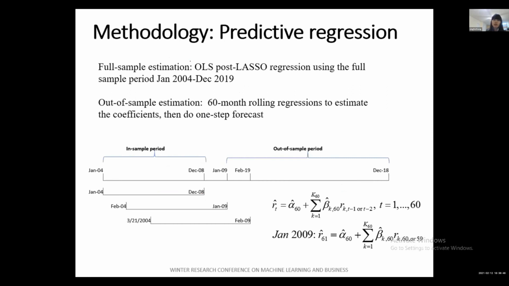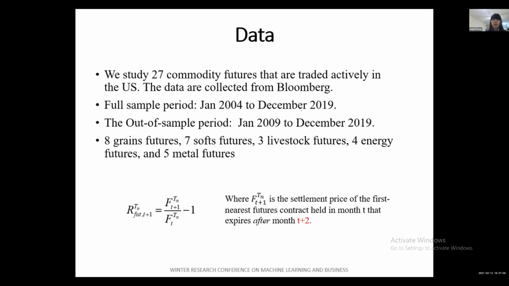In the full sample, there's simply one OLS post-lasso regression using the whole sample period. As for out-of-sample estimation, it is a one-step forecast with a fixed window. We studied 27 commodity futures that are actively traded in the US. All the data are collected from Bloomberg, and when we calculate returns, we don't roll across contracts.